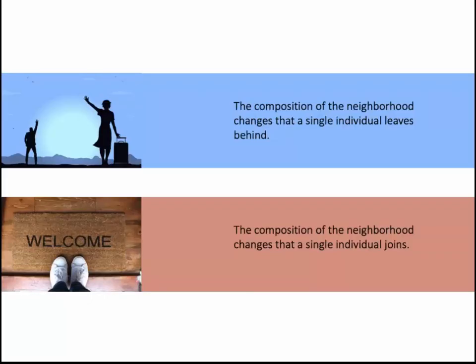And what do they do in our case? Well, they actually do two things. They go away, and by doing so, they change the composition of the neighborhood that they leave behind. Now, if I leave a neighborhood, suddenly the composition in that neighborhood is different, because I'm not there anymore. Yeah? So that kind of changes. You say goodbye to people, but at the same time, you say hello to others.